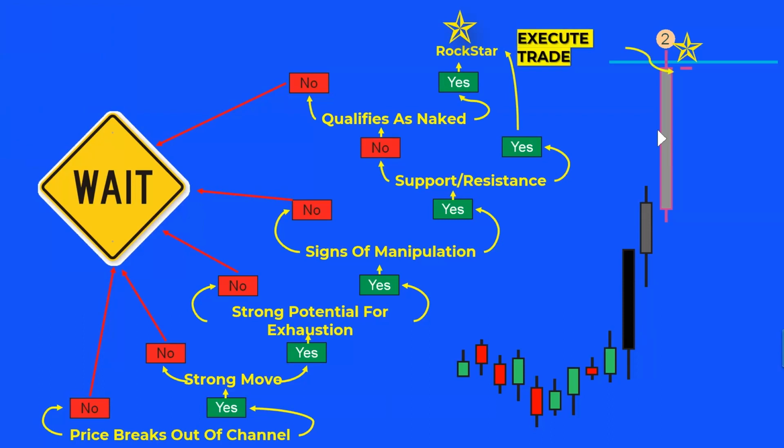The trade is executed at the open, or at least the decision is made at the open of the bar with the rock star on it. We'll talk more on Saturday about how to enter this trade. And you can actually get into this trade better than that open price.